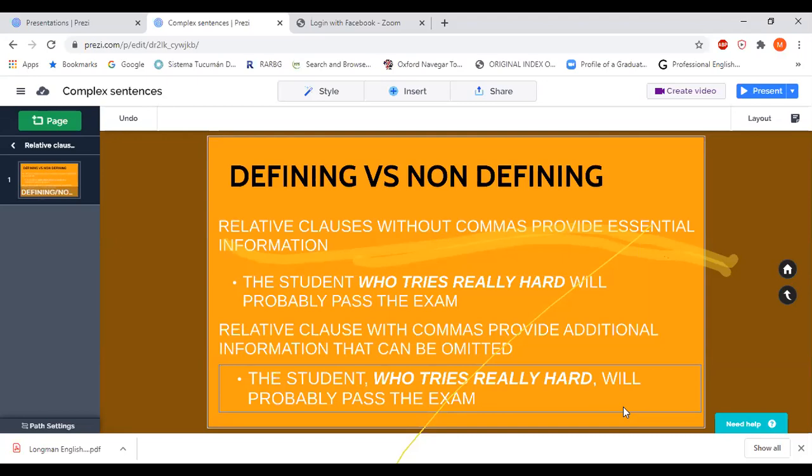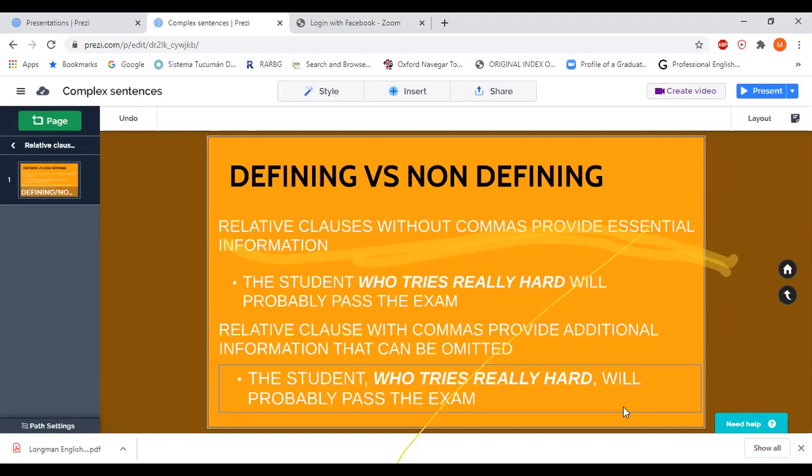So we would say something like, the student who tries really hard will probably pass the exam. In this case, we mean that not all students are going to try to pass the exam, only the student who tries really hard.